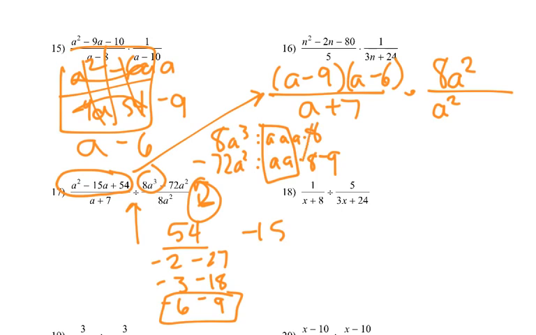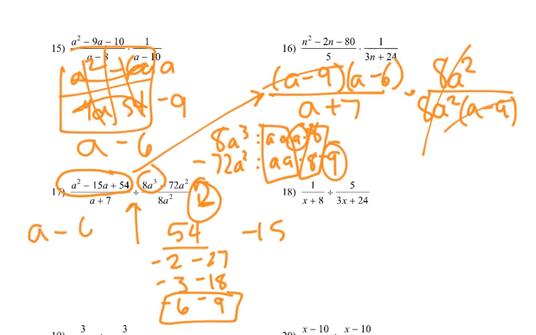So I would get an 8 pulled out too, and then it would be an A minus 9 left over. So these 8's cancel, A minus 9 cancel, and I'm left with my answer of A minus 6 over A plus 7.